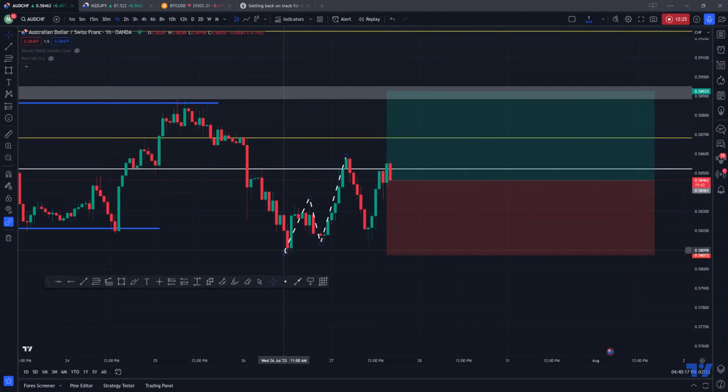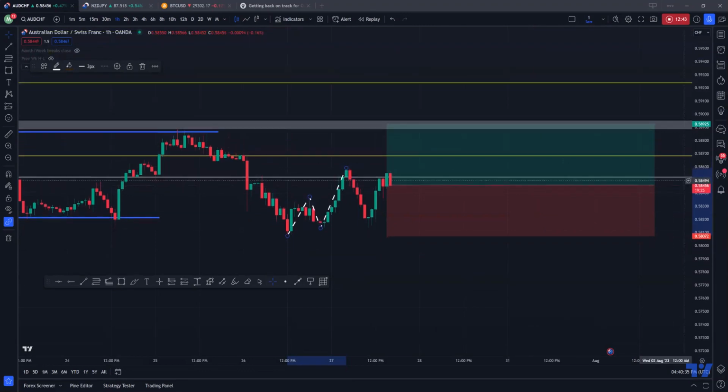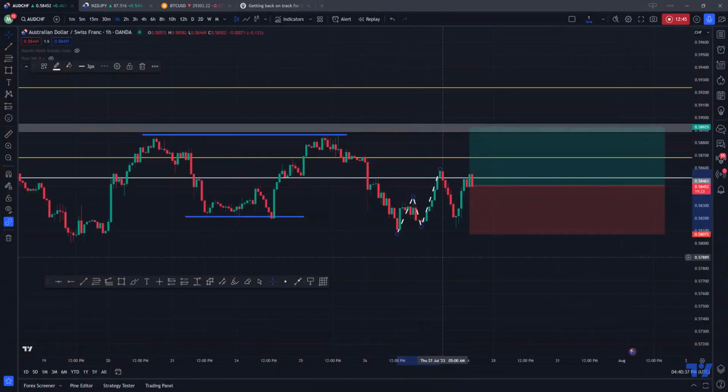But since this was more like the valid point, I would have put my stop loss in this area, right? So I would have like a higher risk to reward, but this is just 1.19. It's not too much, but I mean you can still make your money, you know.